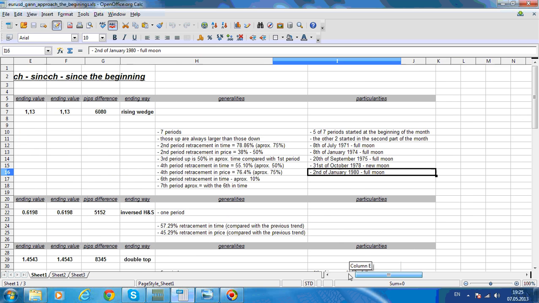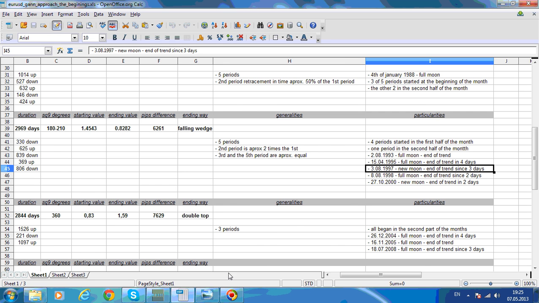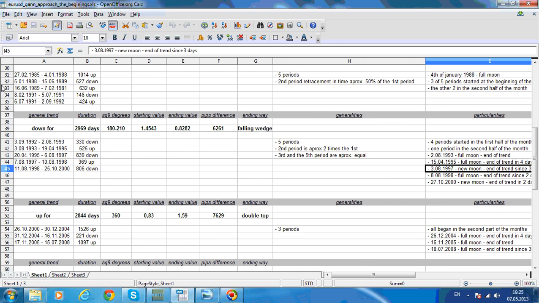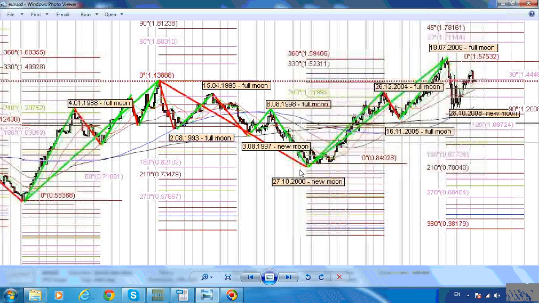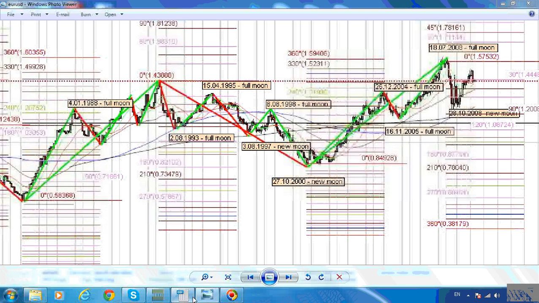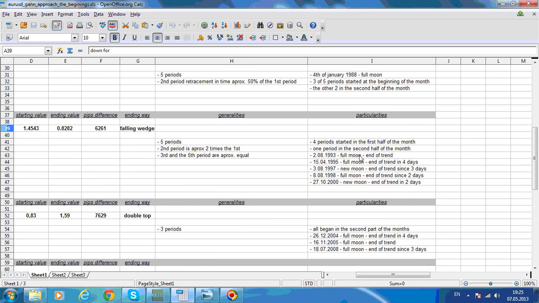So as you can see in here, for example, on this period, on the trend that goes down, and on this one, we have 1, 2, 3, 4, 5, and actually we are having a full moon signifying the end of a trend.